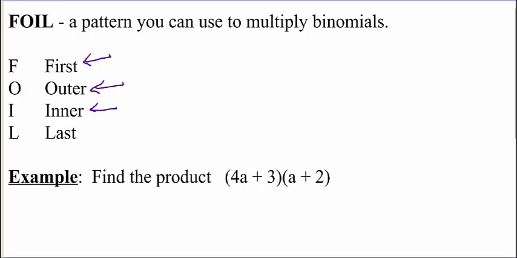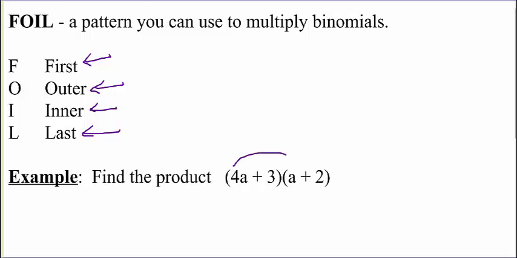Inner corresponds to the numbers on the inside of the two binomials, which would be 3a. And the last refers to the numbers that come at the end of each binomial set, in this case the 3 and the 2.